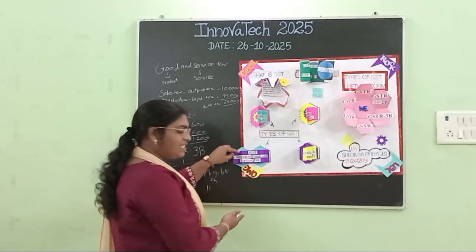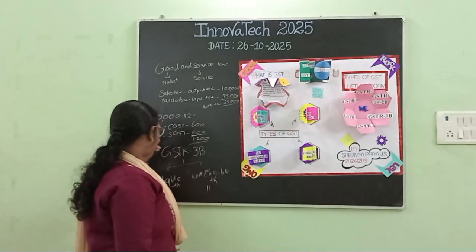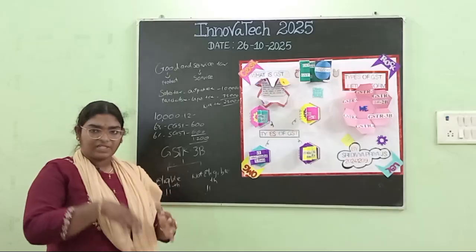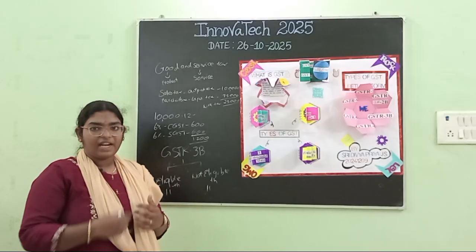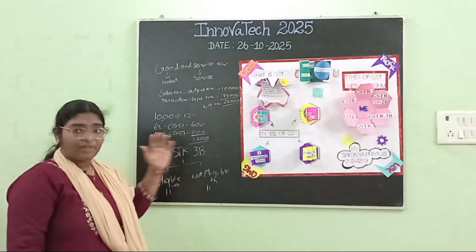And IGST is different. CGST and SGST are collected for transactions which occur within the state. For example, if the seller and the buyer are both in Tamil Nadu, CGST and SGST will be applicable.